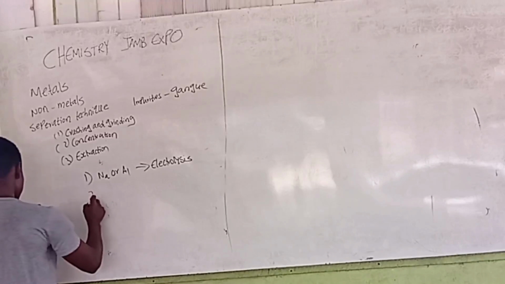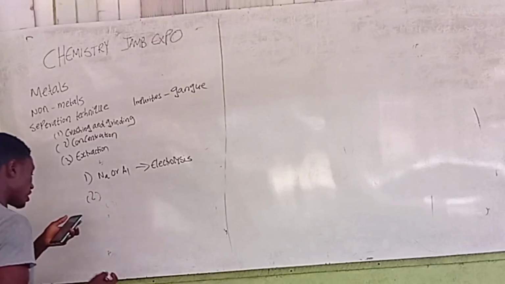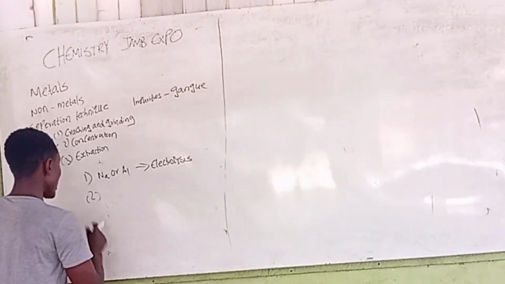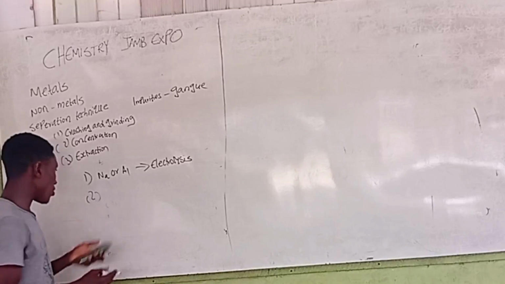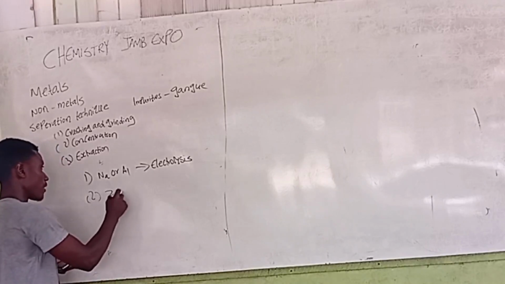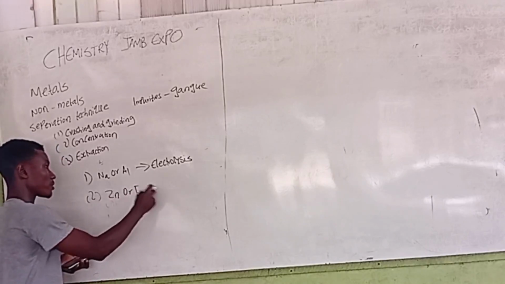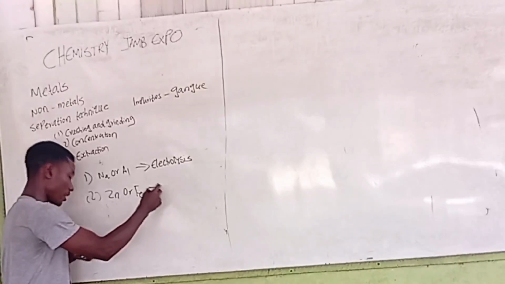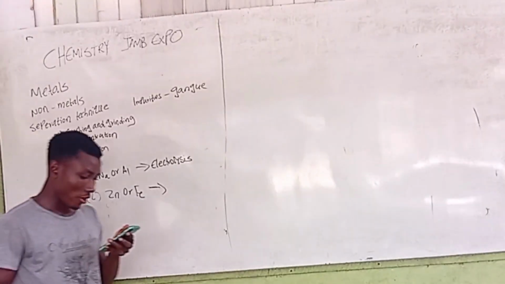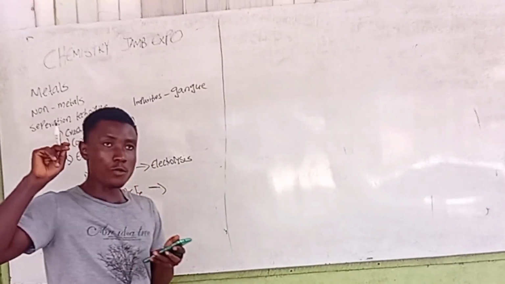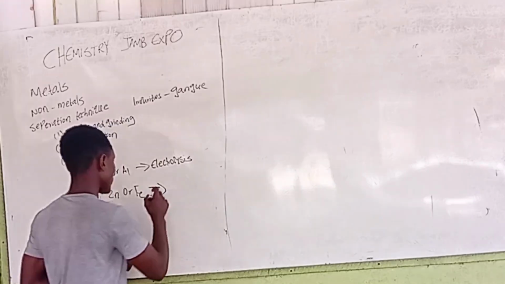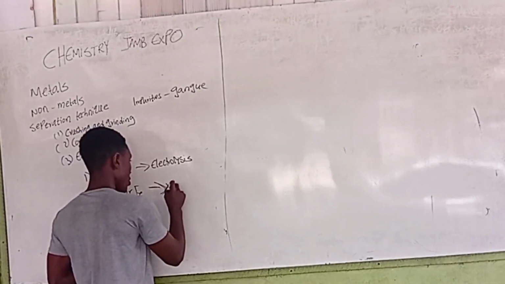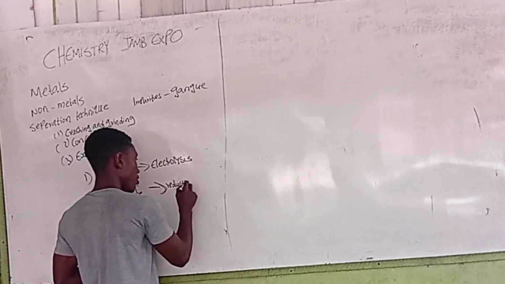Then the second one is the moderately reactive metals. We have zinc and we have iron, and these can be extracted using reduction with carbon. Pay attention, I want to say something.